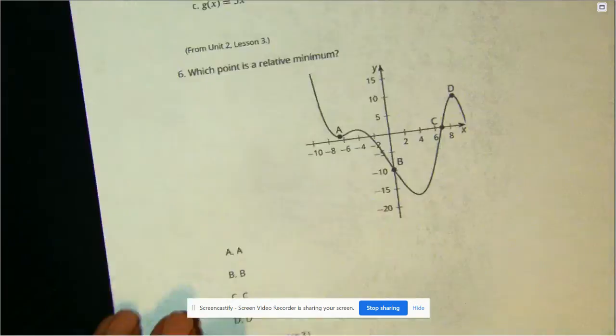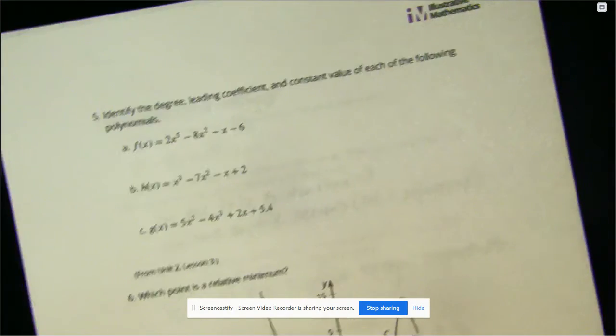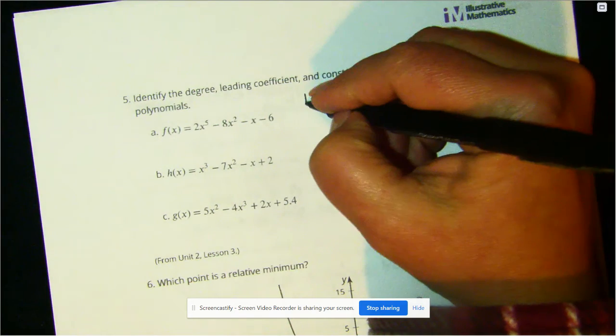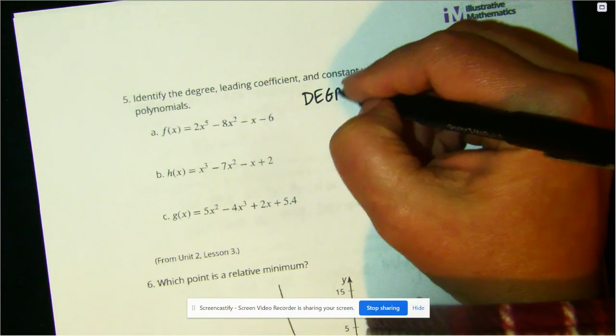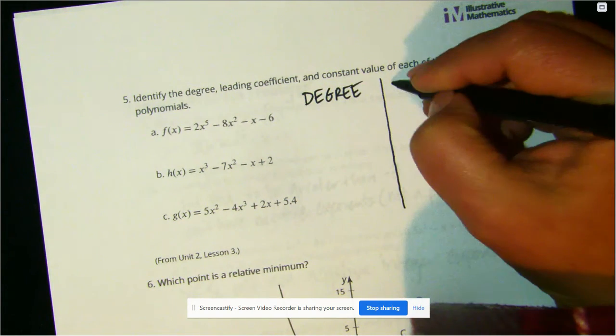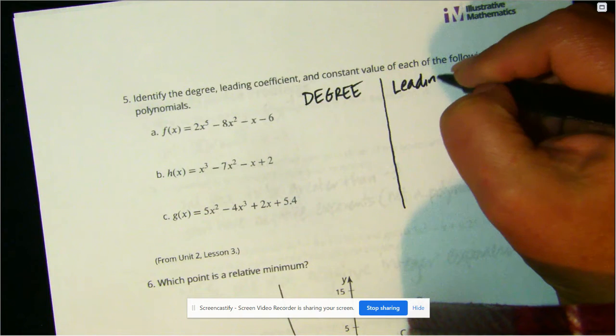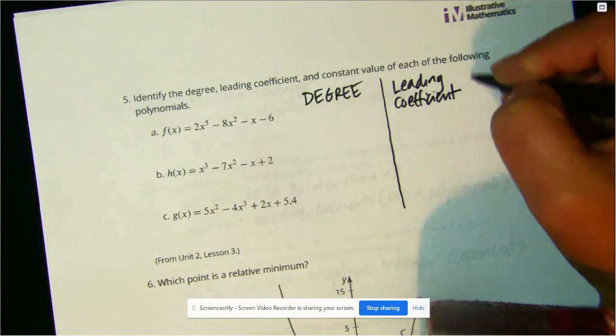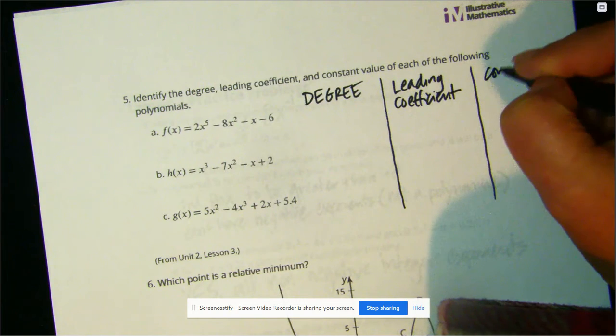Number 5. Identify the degree, the leading coefficient, and the constant. I'm going to make a little chart here: degree, leading coefficient, and the constant.